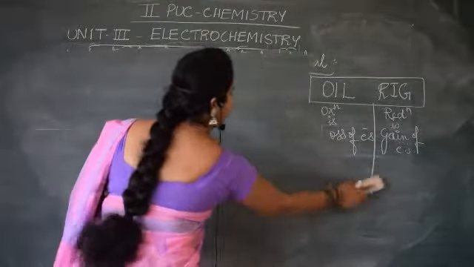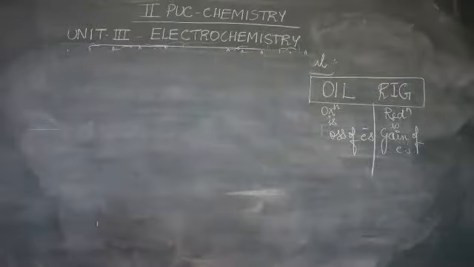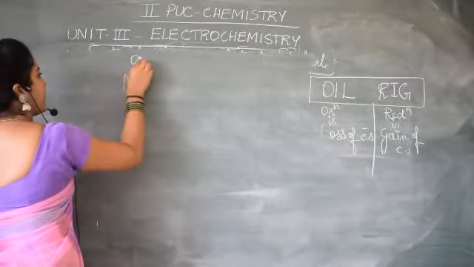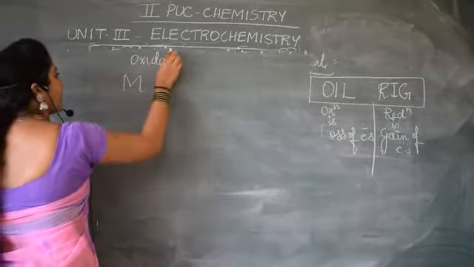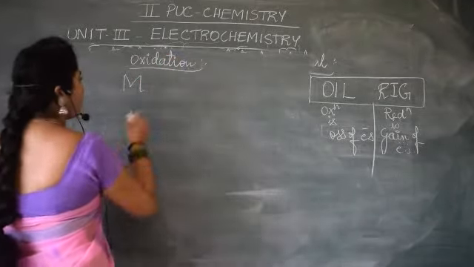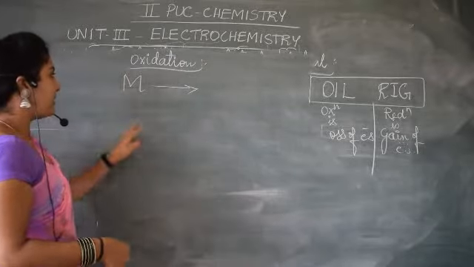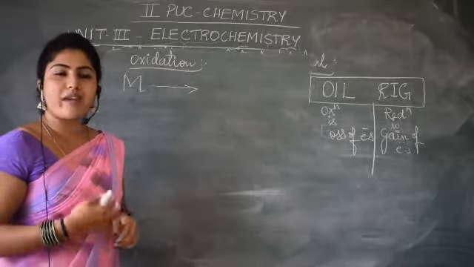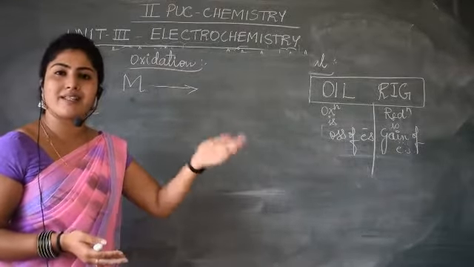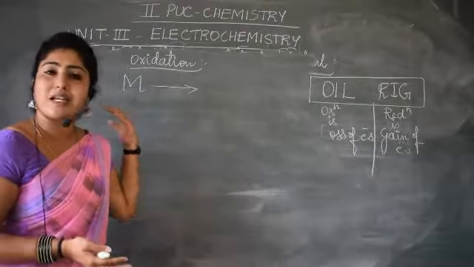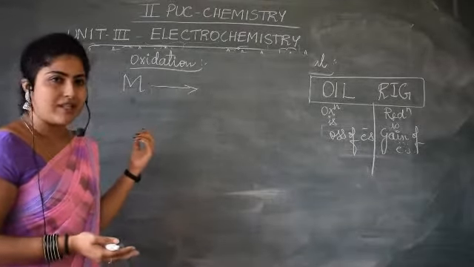Now suppose you have a metal. If oxidation is taking place, there will be loss of electron. So how do you indicate it? The metal is undergoing oxidation. If there is an increase in the oxidation number, we call it oxidation. If there is a decrease in the oxidation number, we call it reduction.